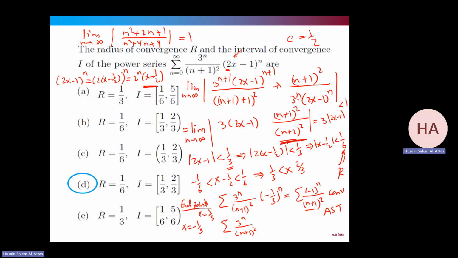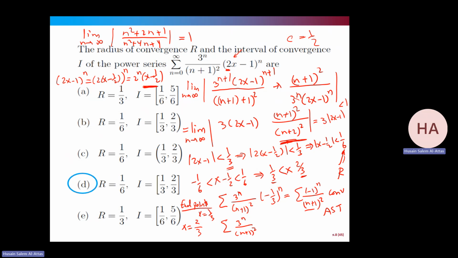So that gives me minus 2 over 3? No, this is 2 over 3. Why am I getting minus? This is 2 over 3, sorry. Nothing is minus. I have x equal 1 over 3 and 2 over 3.